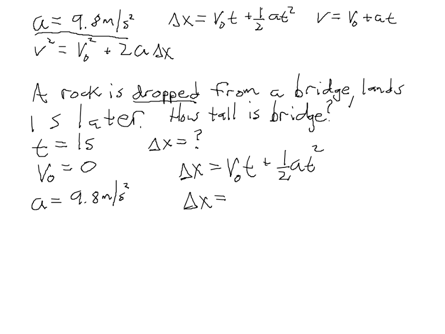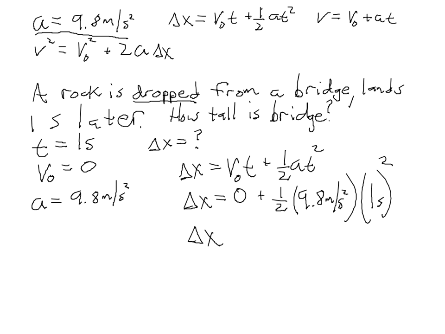So delta x is equal to 0 because v0 is 0, plus 1/2 the acceleration, 9.8 meters per second squared, times 1 second squared. Delta x is equal to 4.9 meters because 1 second squared is 1. You have the seconds squared here cancel with the seconds squared there, and you're left just with meters.